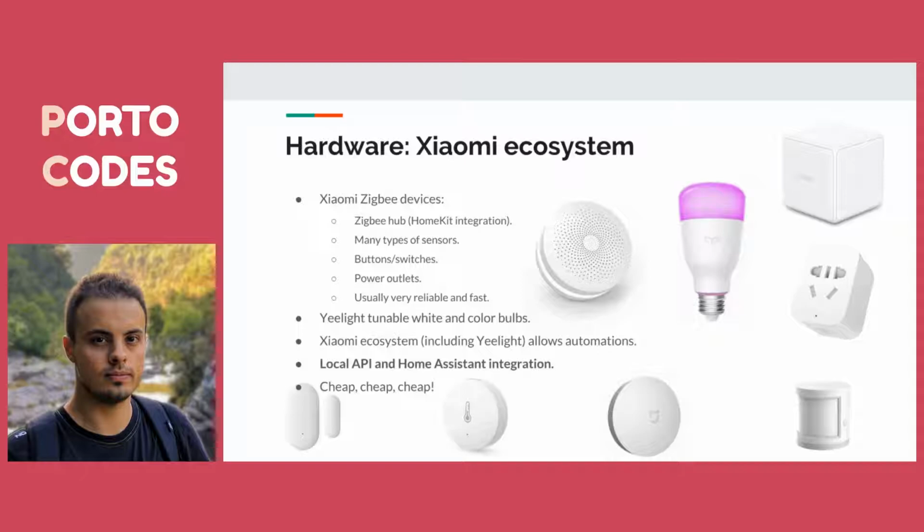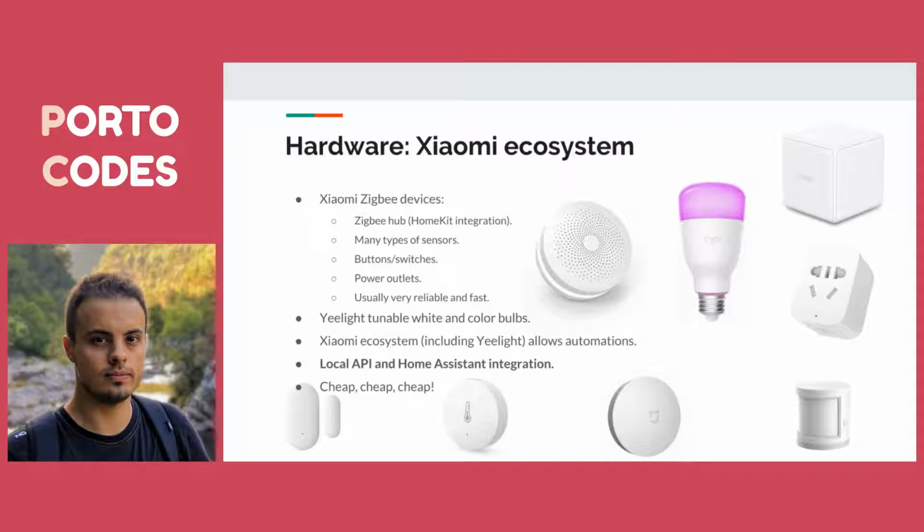Xiaomi, which is very cheap. The devices work very, very well. The application, which is made by Chinese developers, doesn't work that well. But if you use Home Assistant, you can open the local API on the hub, and then you don't need to use the Xiaomi application.